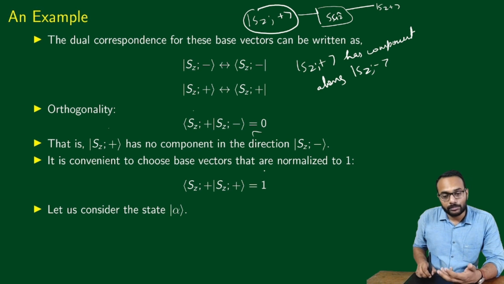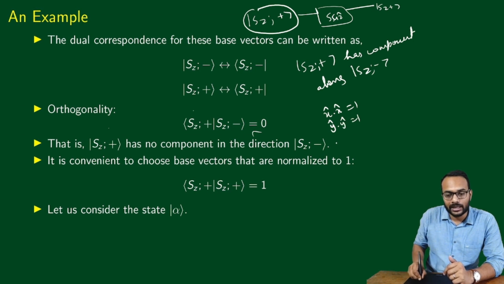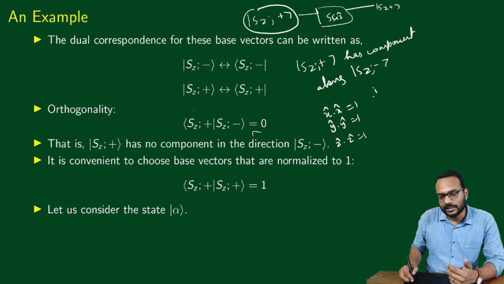Now we can choose base vectors that are normalized to 1. We always use unit vectors for base vectors. Even in Euclidean space, we always have x hat dot x hat equal to 1, y dot y equal to 1, z dot z equal to 1, or we might call them i, j, k.